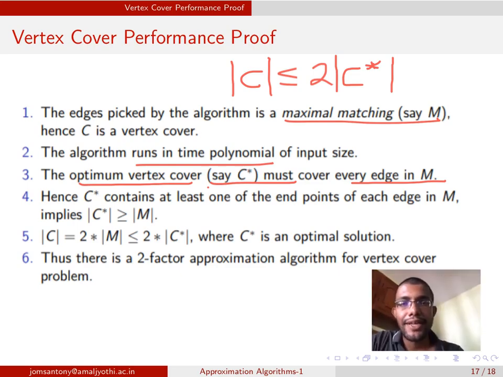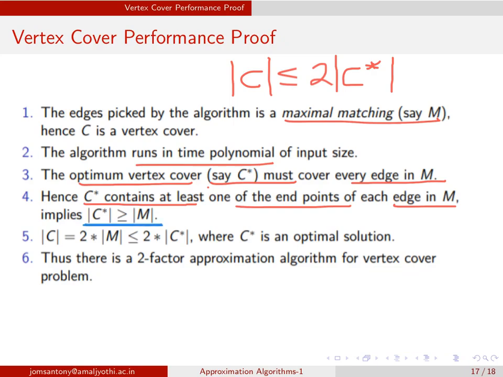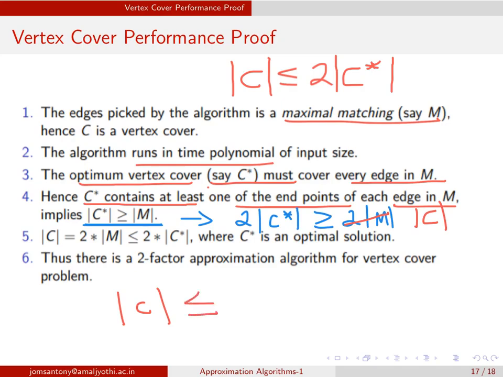Now we can clearly argue that C star should contain at least one of the endpoints of every edge in M, which implies that modulus of C star should always be greater than or equal to modulus of M. This allows us to write 2 times modulus of C star is greater than or equal to 2 times modulus of M. Now we already know that 2 times M is nothing but modulus of C. So we can clearly write that modulus of C is less than or equal to 2 times C star, and hence our performance proof is complete.